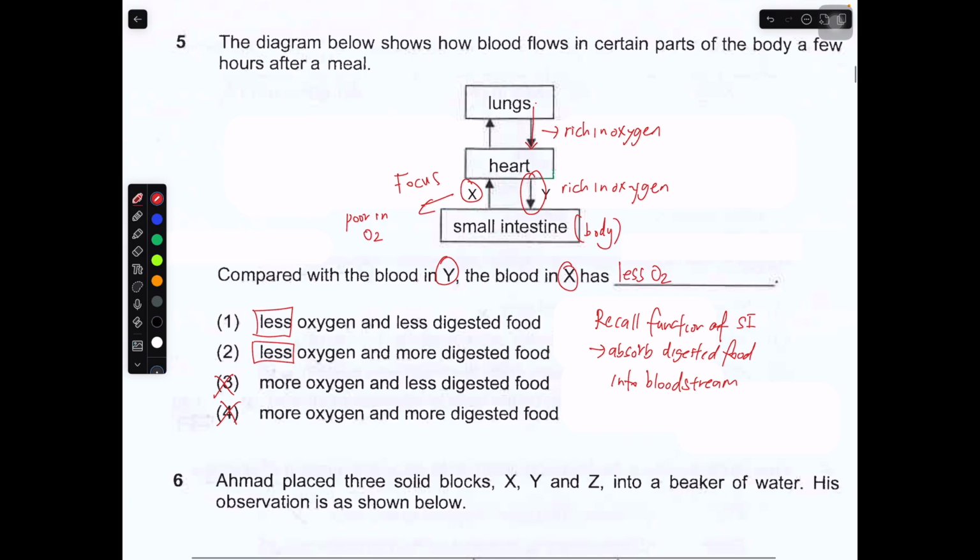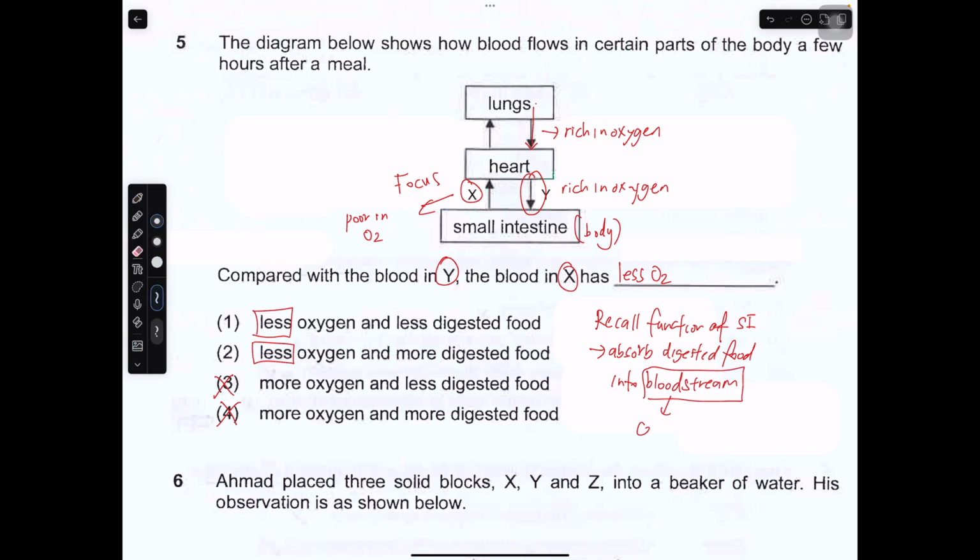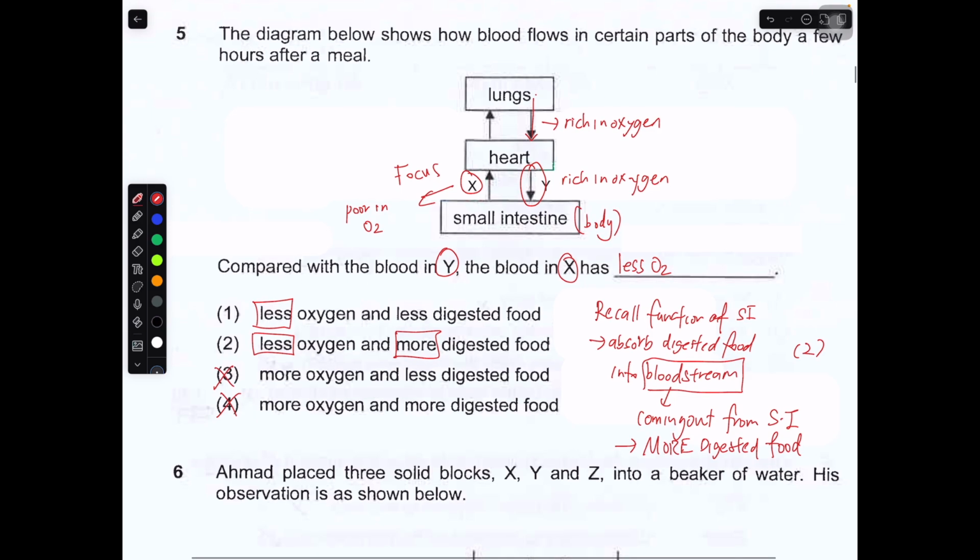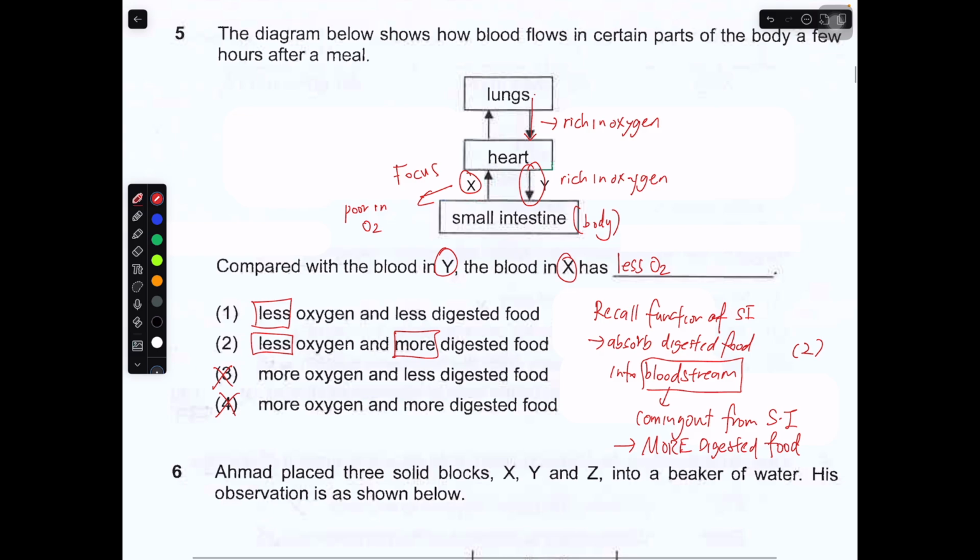So based on this, the blood that is coming out from the small intestine will have more digested food. The blood that's entering the small intestine will have less. So this one should be number 2. This is really linked to your small intestine. So the answer here will be number 2.